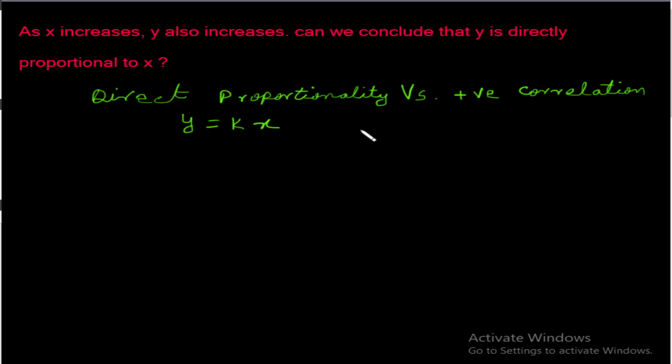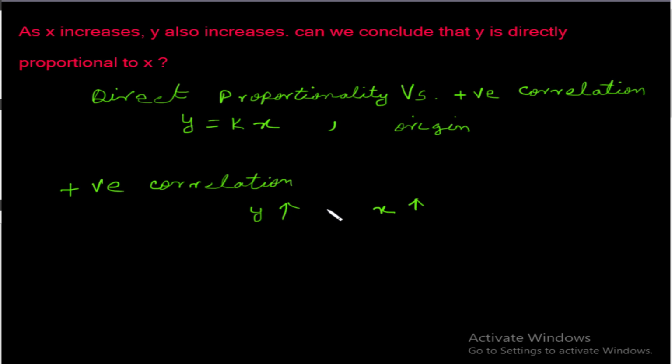Graphically, its graph will be a straight line that passes through the origin. This is for direct proportionality. Now for positive correlation, the definition is this: y and x are positively correlated if y increases as x increases.